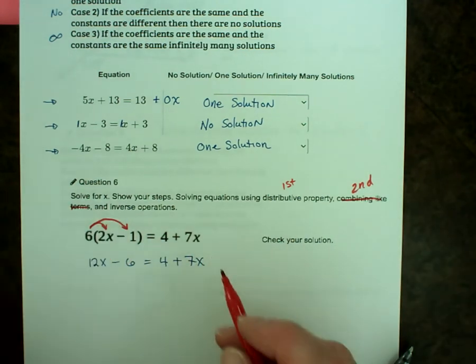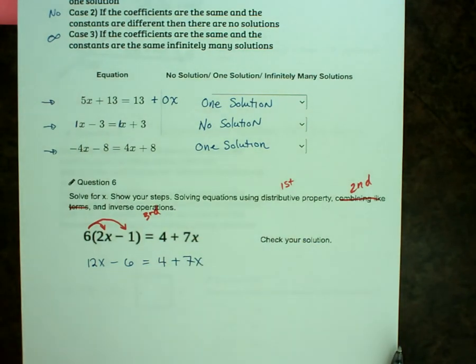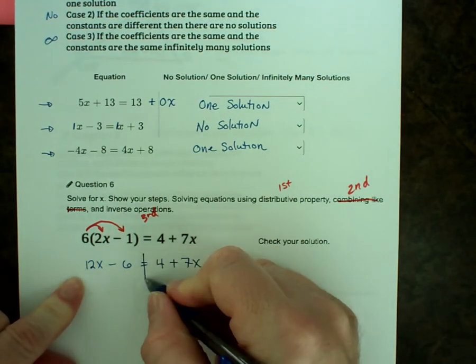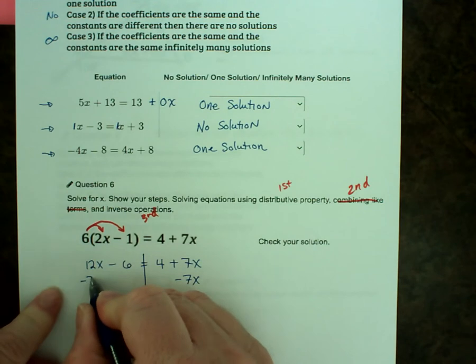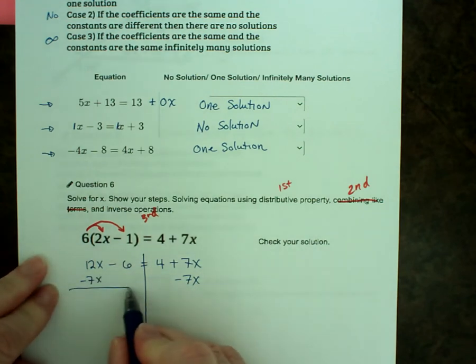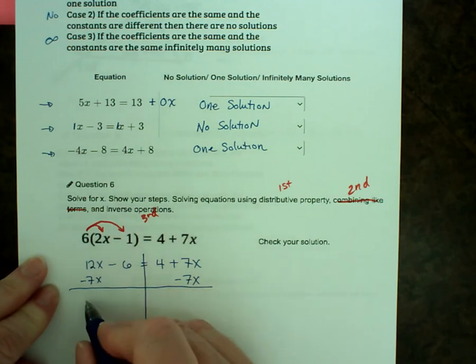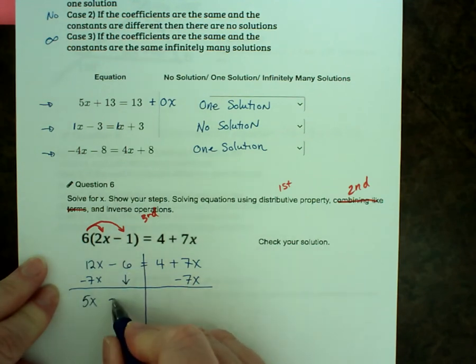But I do need to do inverse operations. I have variable terms on both sides. I got to collect them on one side, so I'll do that. Minus 7x. Okay, 12x minus 7x is 5x. Nothing happened to the constant.